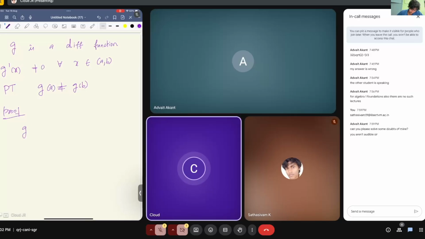Okay, g dash x is not equal to 0. That means g dash x is greater than or equal to 0, or g dash x is less than or equal to 0. See here, you have to use the intermediate value property of the derivative. Then you can prove it is greater than or equal to 0. If it is greater than or equal to 0, then it is greater than or equal to 0 for all x, right?